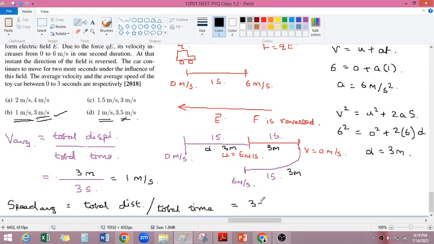Total distance is 3 plus 3 plus 3, divided by total time, which is 3 seconds. That means it will be 9 divided by 3, so it will be 3 meter per second. So that's my answer here.